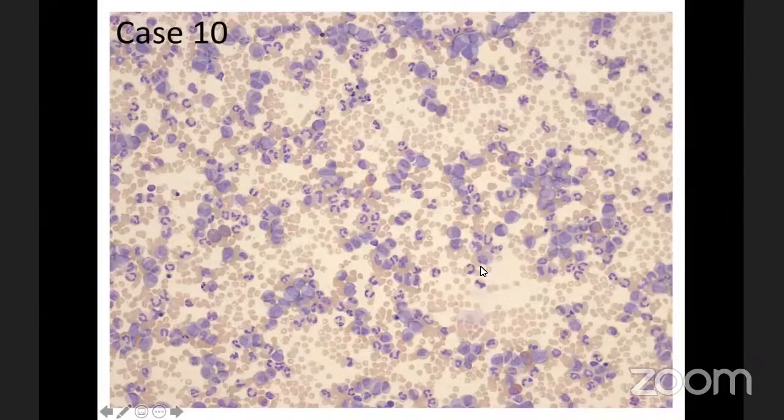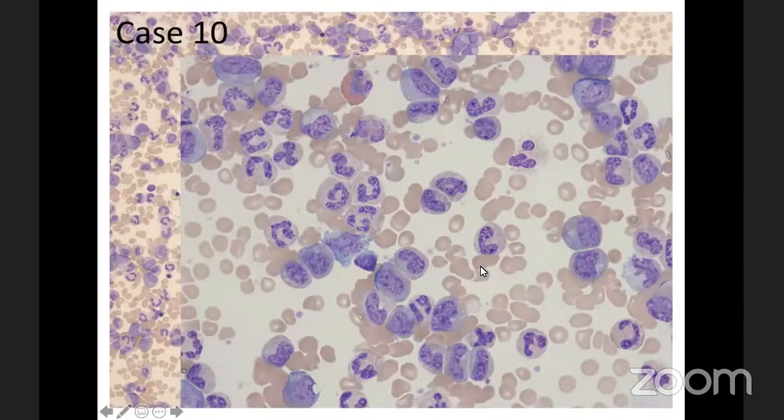Yes, I agree with you. So predominance of neutrophils and bands, segmented neutrophils and bands, myelocytes, some promyelocytes, metamyelocytes, occasional eosinophils.